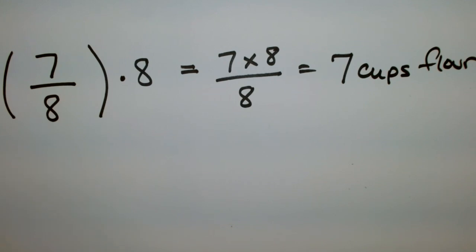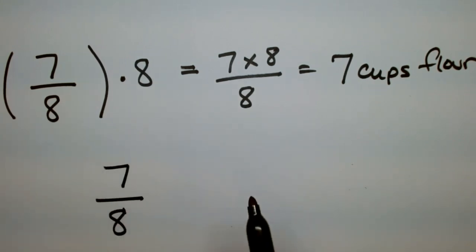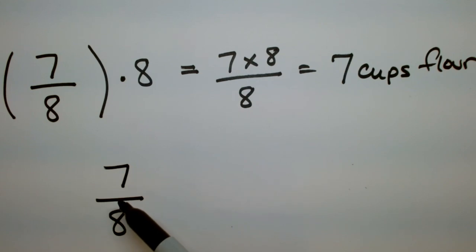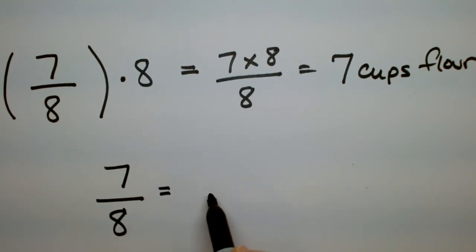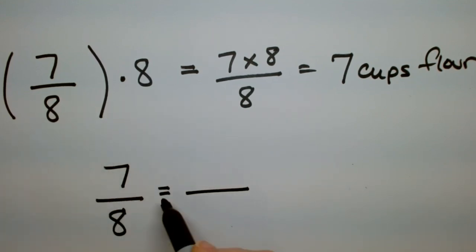Okay, now let's change the problem a little bit. If I have a relationship where I have 7 cups of chocolate for every 8 cups of sugar, okay? And that's the recipe for, oh, that was not a good example.